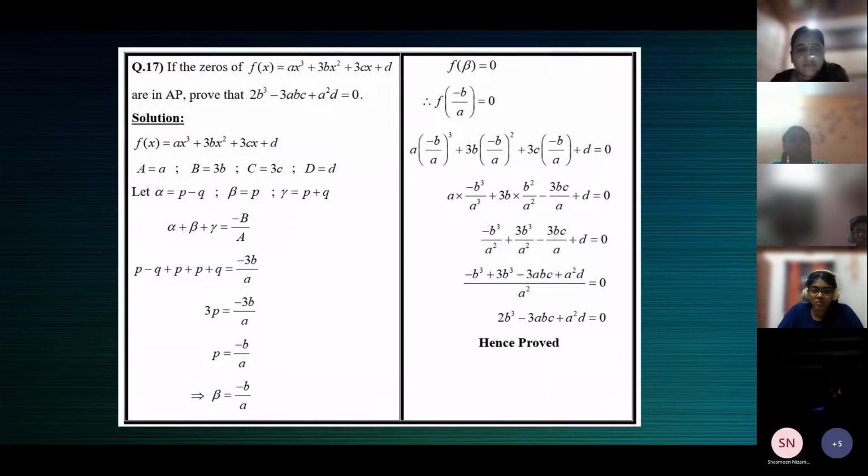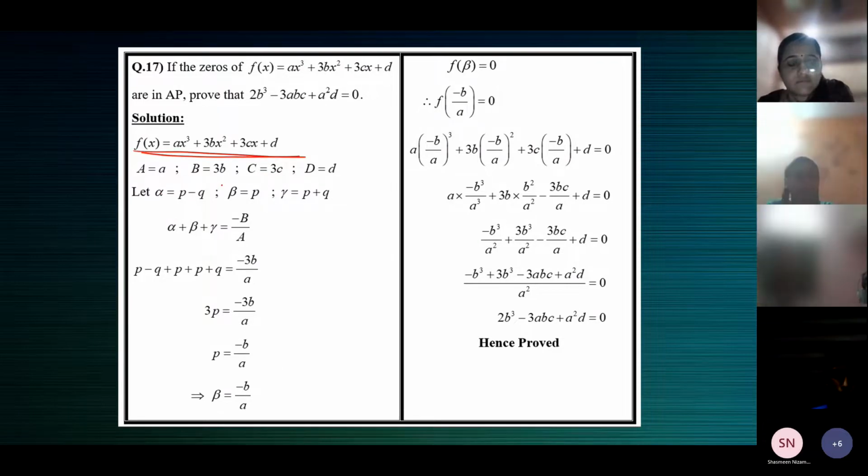See here, same steps. Given a cubic polynomial, find the values of a, b, c, and d. Now here I've used alpha, beta, and gamma to be p minus q, p, and p plus q. I told you in the last class, because we already have a and d in the polynomial f of x, a plus d and a minus d would be confusing.